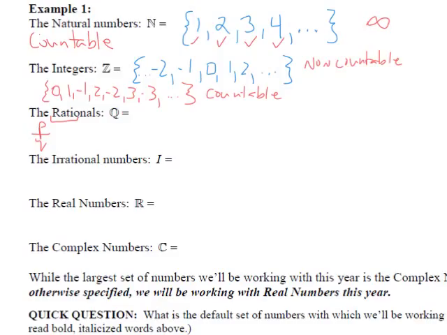We'll say Q is equal to the set of numbers p over q, provided that p is an element of the integer set and q is an element of the integer set.